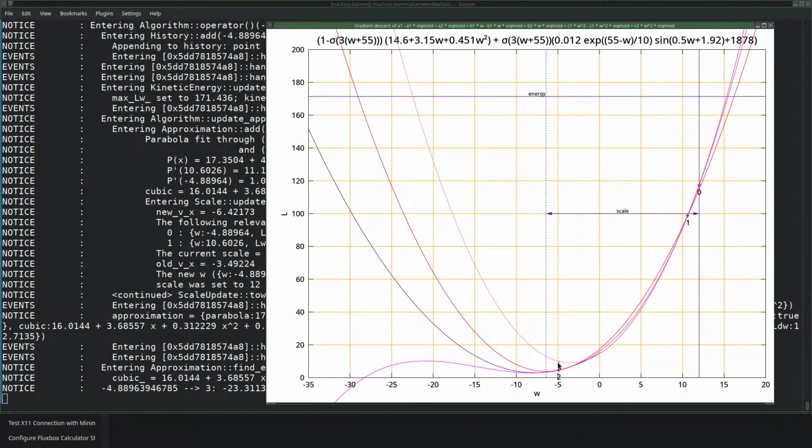I think so. No, it jumped here. What? What's up, jumped here? I don't even see that point. What the?